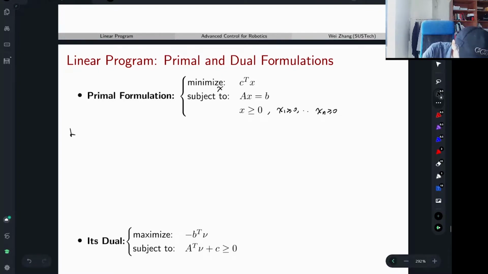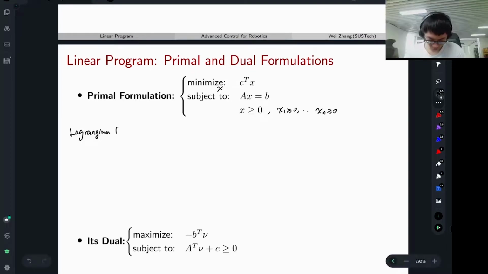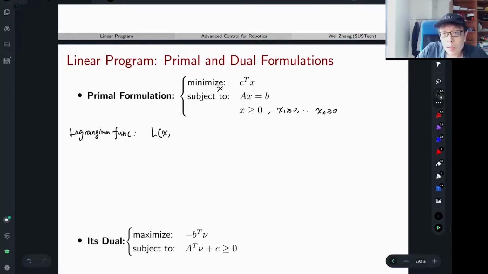Let's define the Lagrangian function. Let me ask someone to write this for me, maybe Zhu Xiyu.